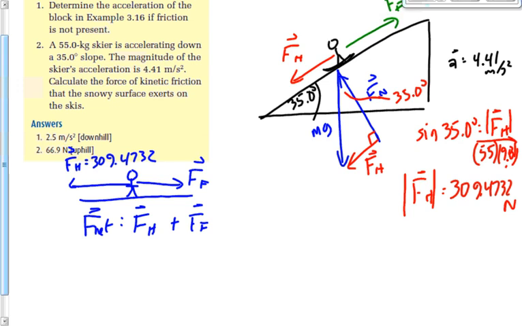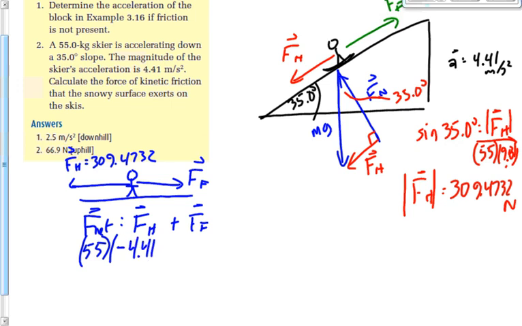We know that m times a is equal to the sum of the forces. The mass is 55. And a is, what's a? 4.41? But it's 4.41?